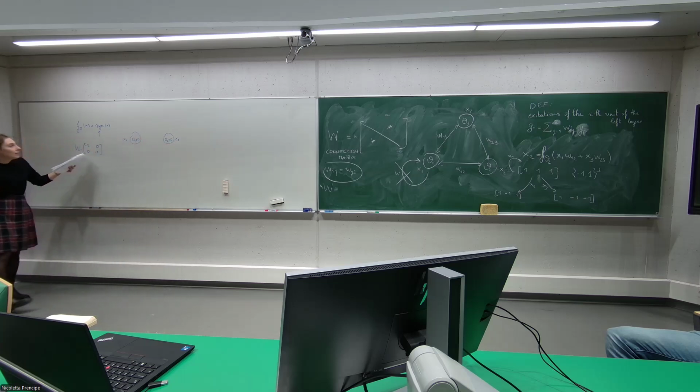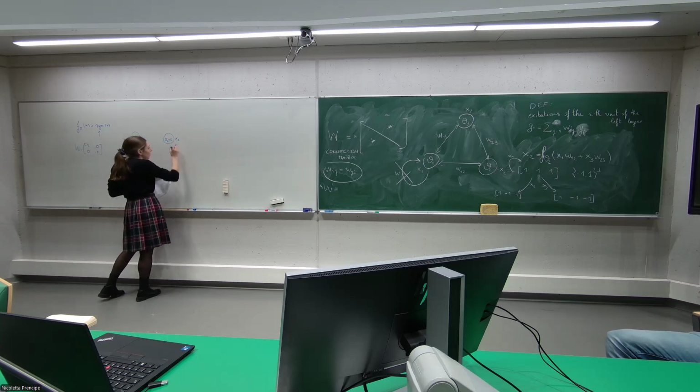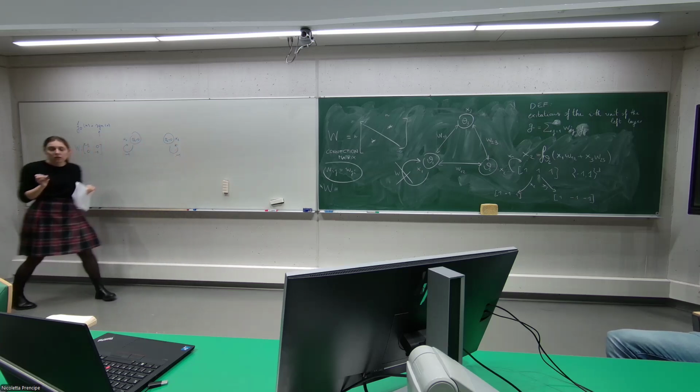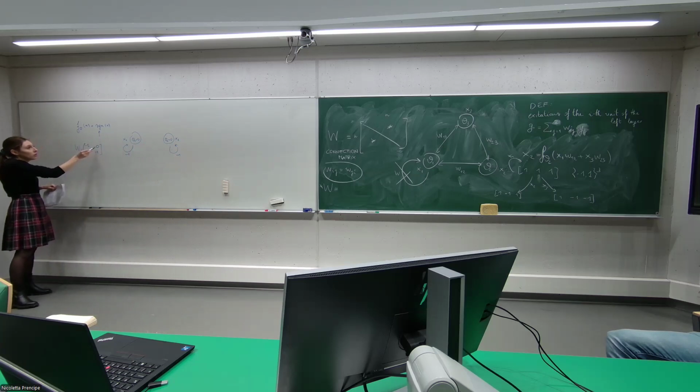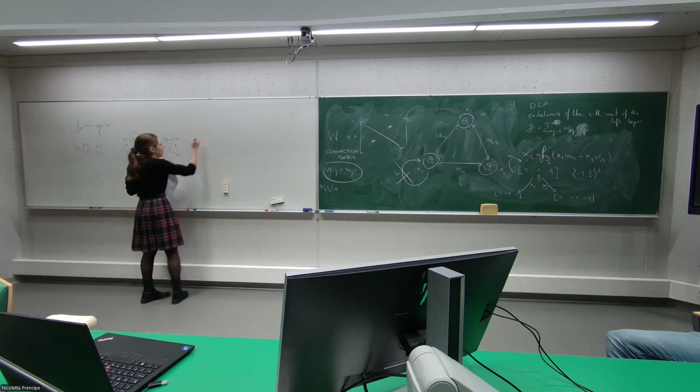The weight matrix tells me how I move and at what price. So I stay in x1 with price -1, and I stay in x2 with price -1. I don't go from 1 to 2, and I don't go from 2 to 1.